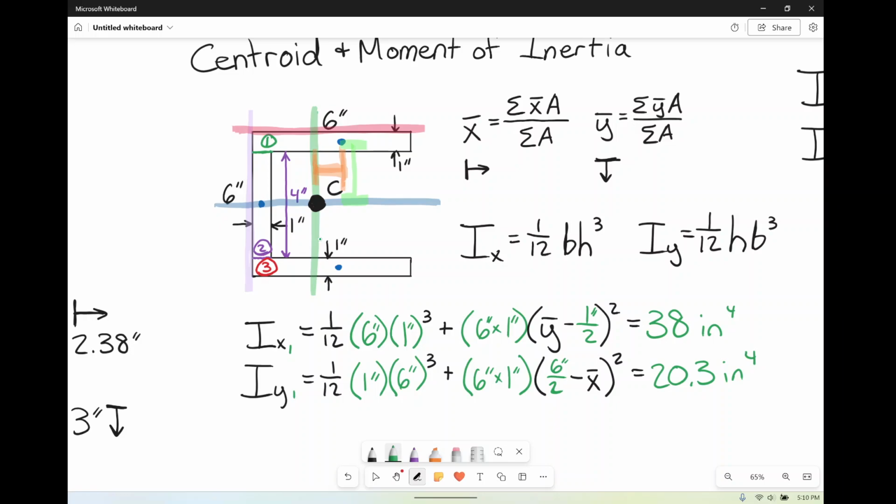Before we get too far, let's talk about the shapes individually. Shape number 2 is going to be different, but shape number 3 is the exact same, just a different color. It has the same width, the same height, it is the exact same rectangle, and its distance horizontally is the same as the top. Its distance vertically is the same as well.